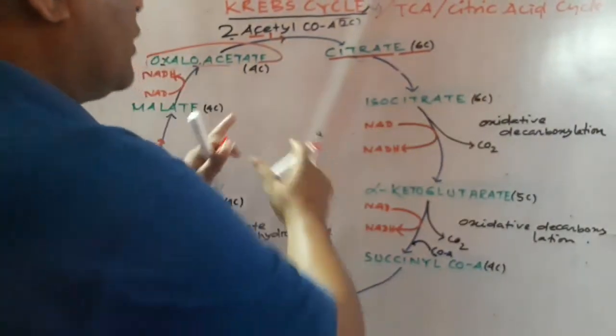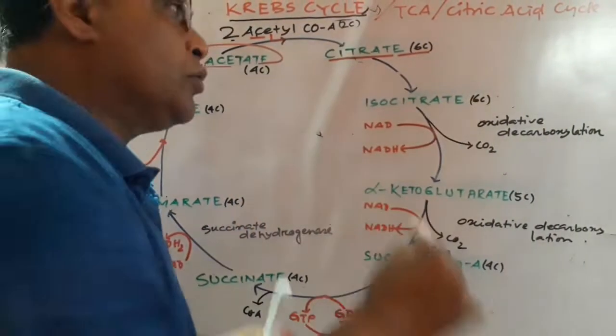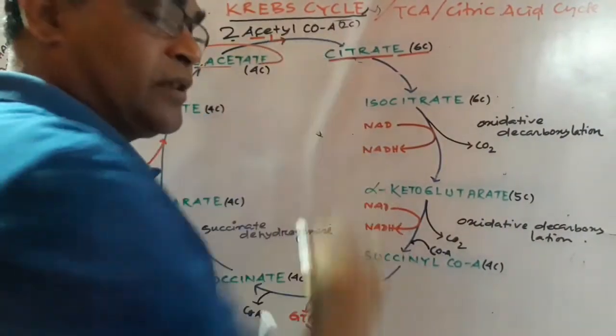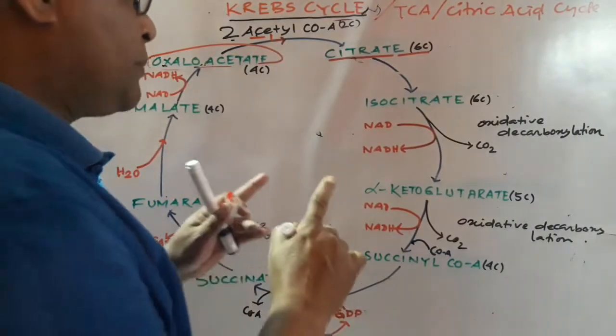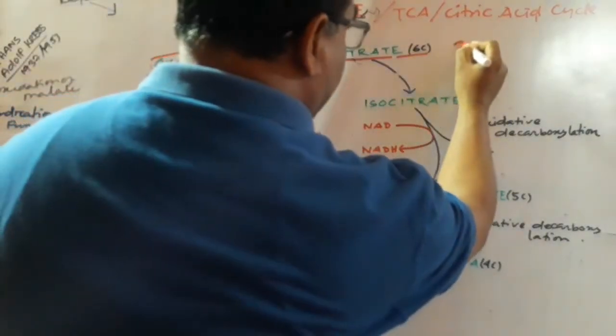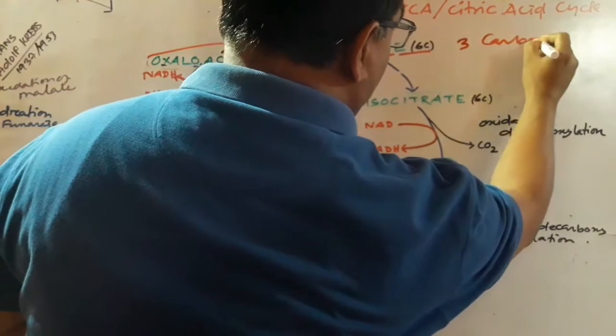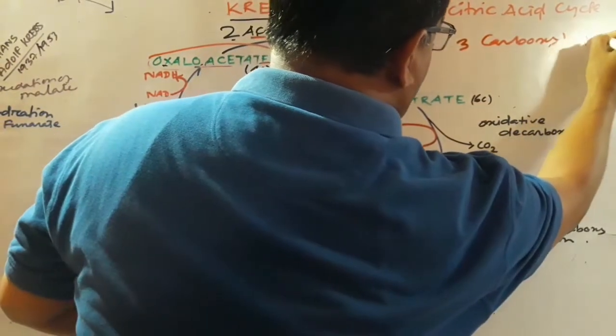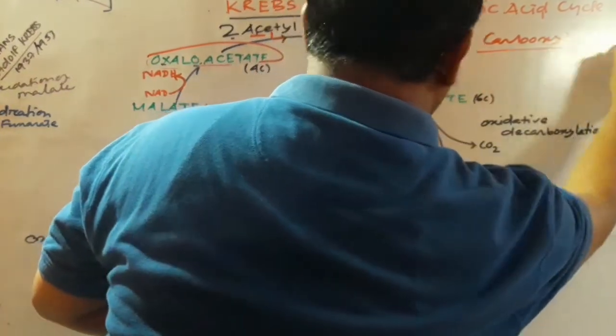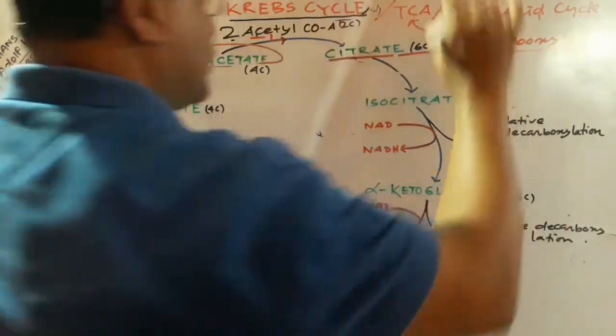That is why the cycle is also known as the citric acid cycle. Because the citric acid has 3 carboxyl groups, it is also known as the tricarboxylic acid cycle.